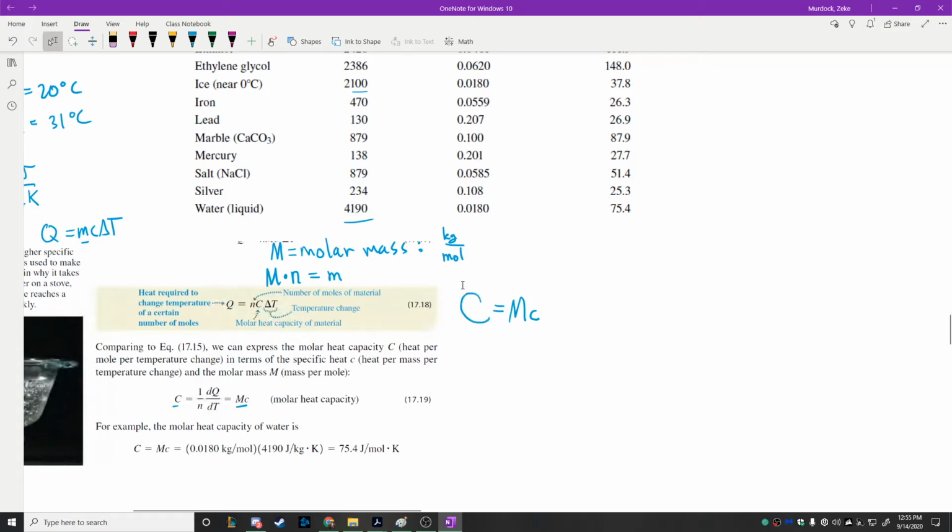You're going to have something called CV and something called CP. This is going to be molar heat capacity for constant volume, and this is going to be molar heat capacity for constant pressure. So this is volume and pressure. When we start talking specifically about gases, this is something we're going to need to know.